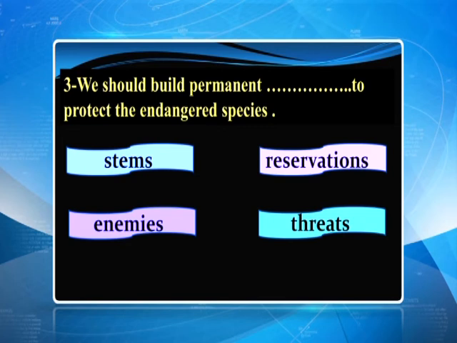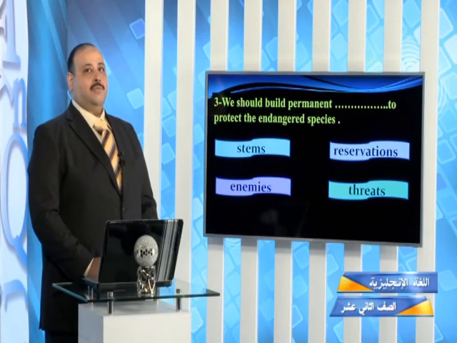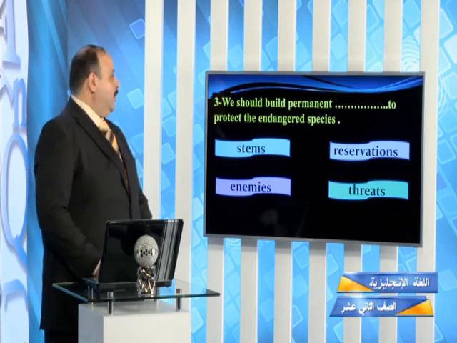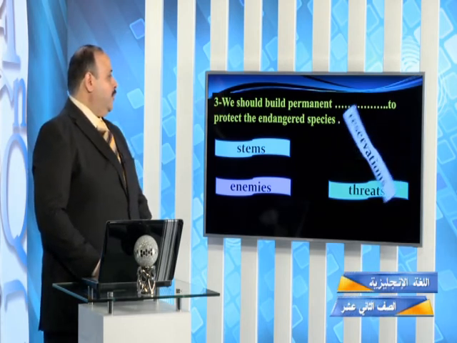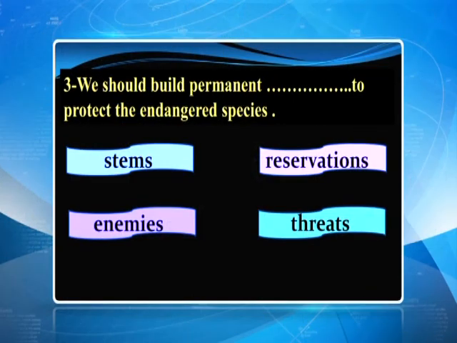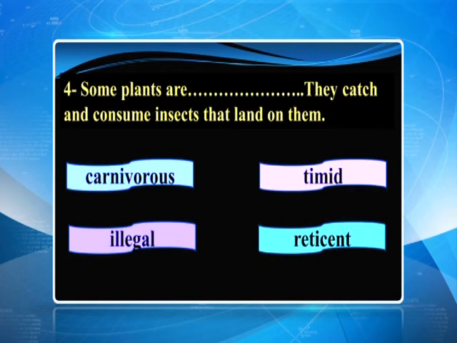We should build permanent blank to protect the endangered species. Now we have animals facing the danger of extinction. What is the right word here for describing the place where we keep them? Good. It's reservations.